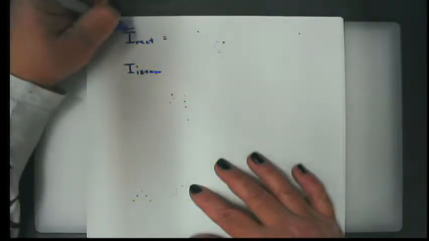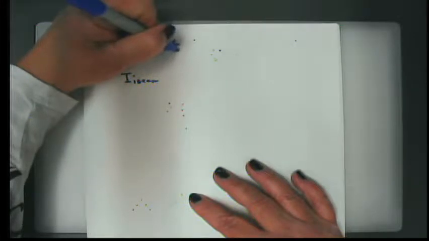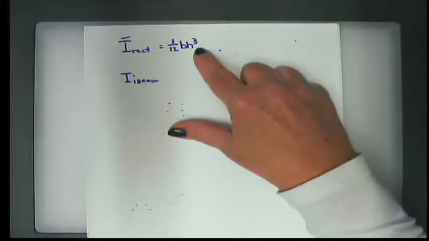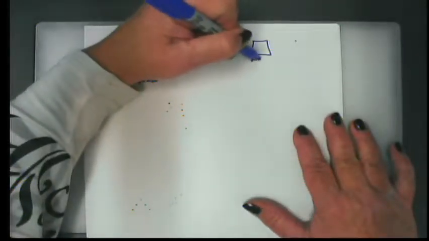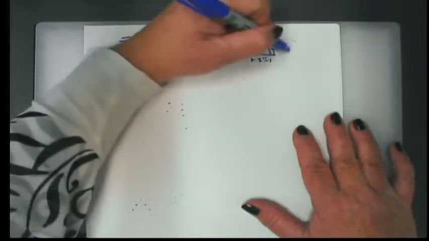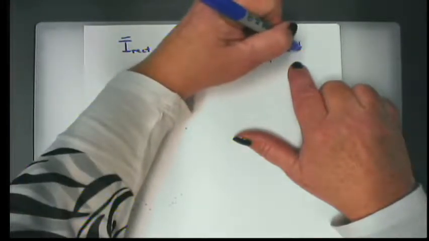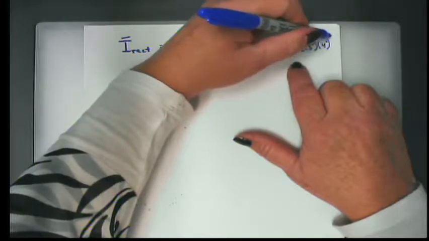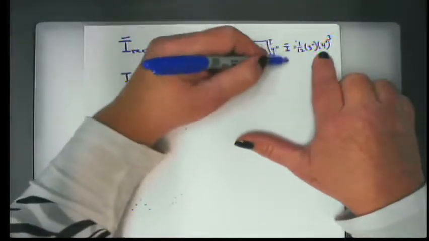So I have a rectangle. I about its neutral axis is 1/12 times the base times the height to the third, every single time, okay? So you have a rectangle like this. It has a base of 3 inches. It has a height of 4 inches. The I that we're going to use in our equations, I sub r, would be 1/12 times 3 inches times 4 inches raised to the third power. 3 times 4 is 12, so that cancels against 12.